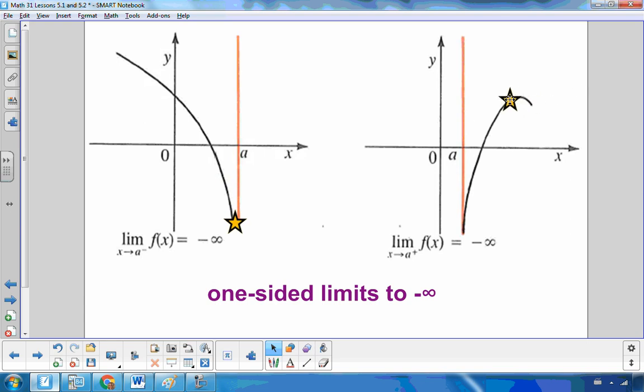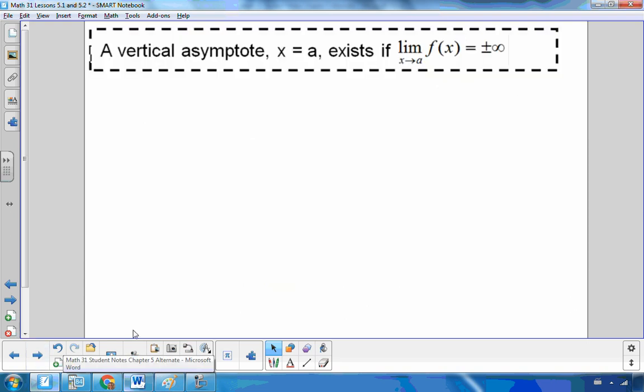And from the right, approaching x equal to a, I'm also going to negative infinity. So the formal calculus definition: a vertical asymptote x equal to a exists if the limit as x approaches a of the function f of x is equal to positive or negative infinity.